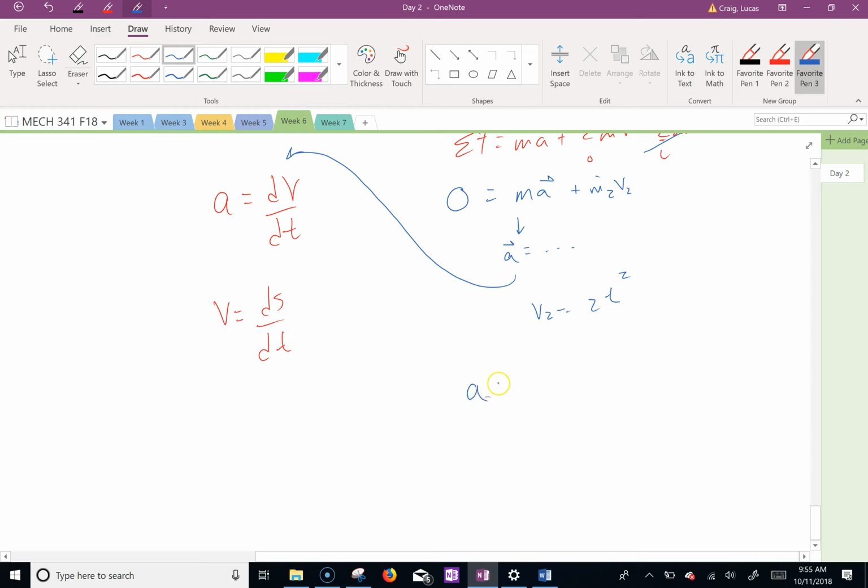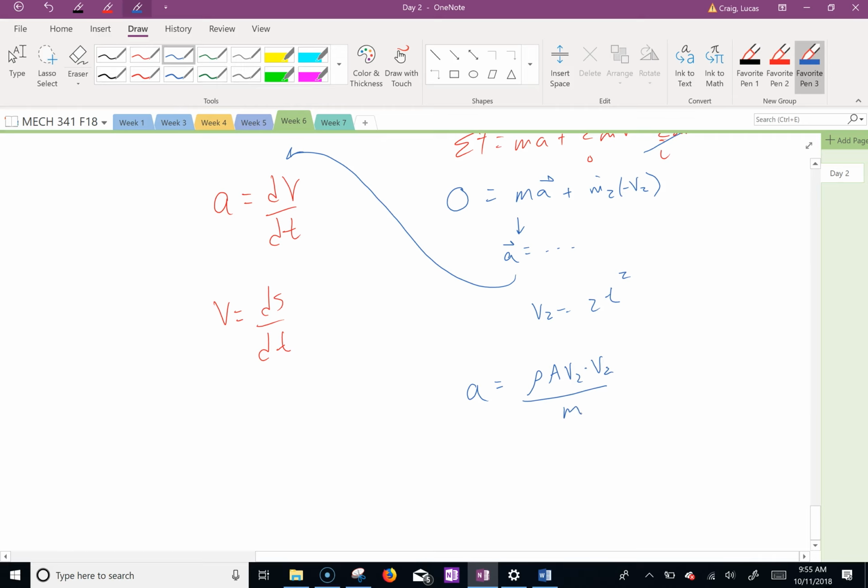Technically, if we rearrange this, I actually think this is plus, but this would come negative because it's going out the opposite direction she's moving. That's how you get a positive acceleration. You would end up getting rho A V2 times V2 over the mass.